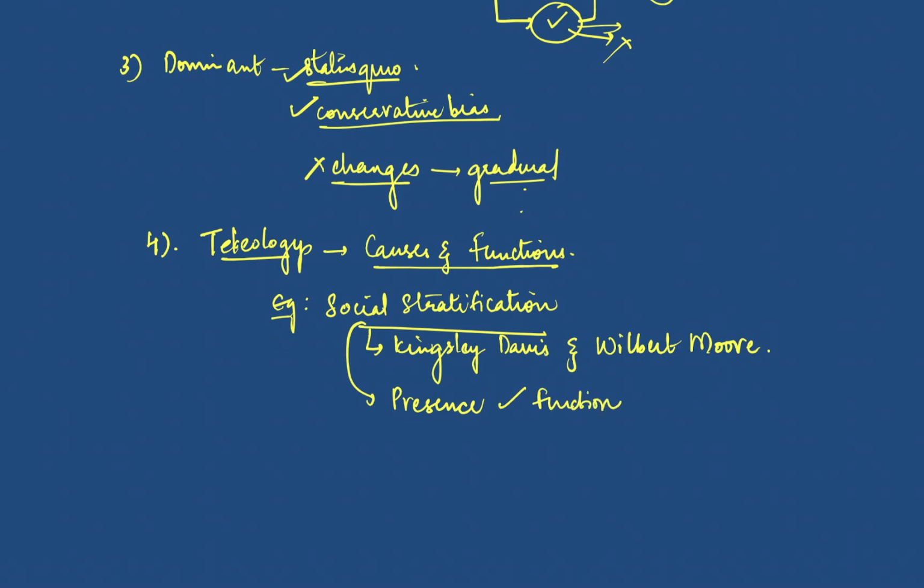So what did we mean by telling something is functional? We meant that saying something is functional means that it is making a positive addition to the society. So these sociologists basically say that the very presence of something means that it is functional. You don't have to prove it to be functional. It is just that if it is there in the society, that means it is doing something for the society, and that is why it is there.